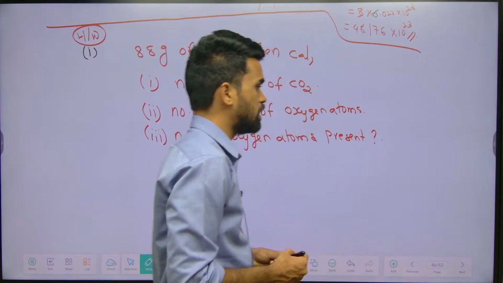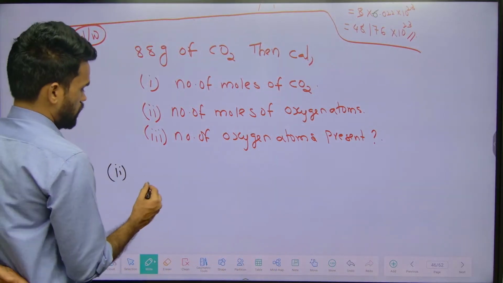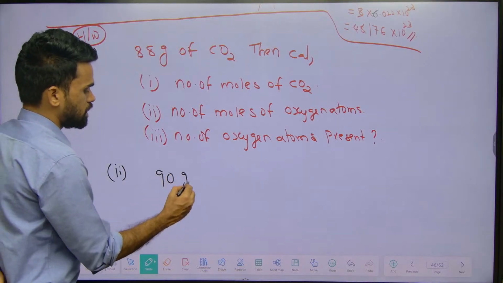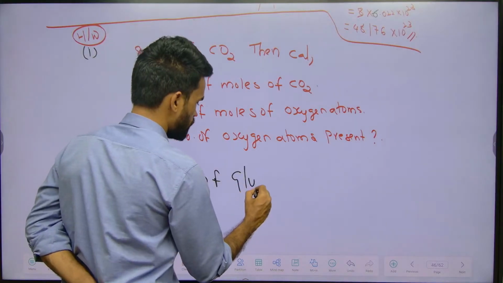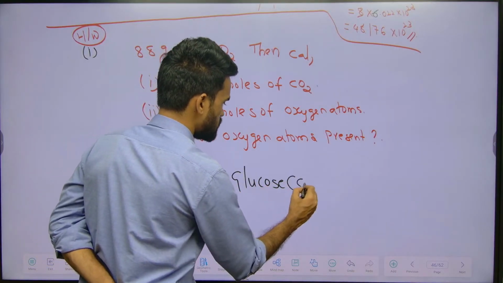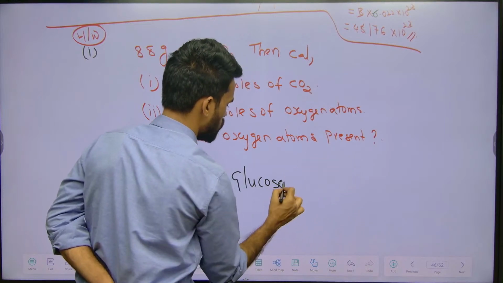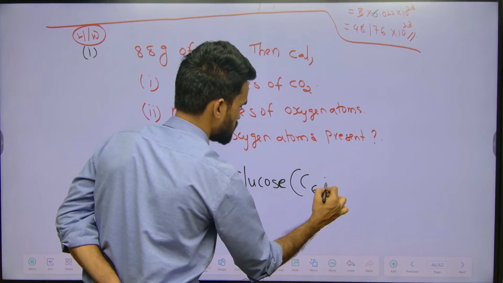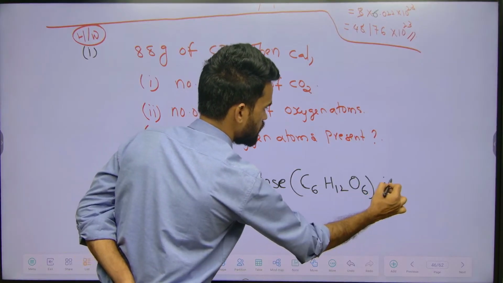Okay, no worries. The second question here is 90 grams of glucose. What is the formula of glucose? C6H12O6 is given.